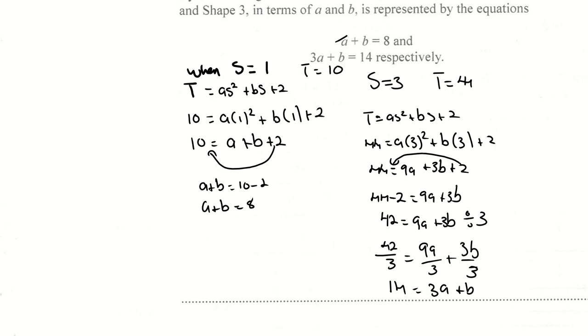That is how you would show that for shape 1, a plus b is equal to 8, and for shape 3, 3a plus b is equal to 14, and that would be your answer for this question.